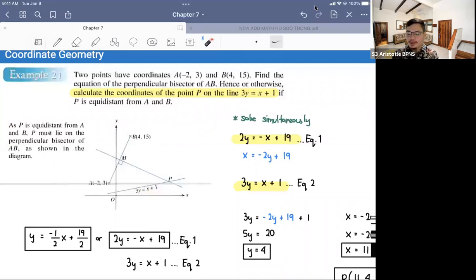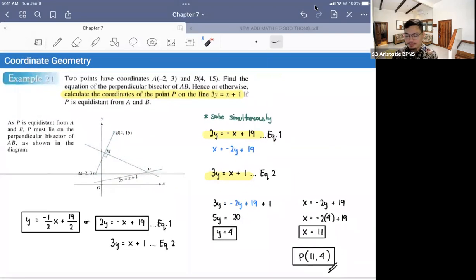And when they intersected, it created this point, which is point P. And it also says that point P is equidistant from A and B. That means basically if you form this as a triangle, you'll have an isosceles triangle. That's what it means.